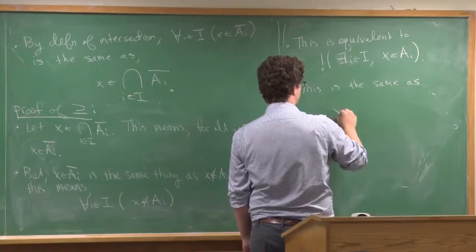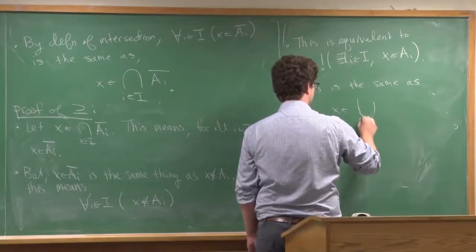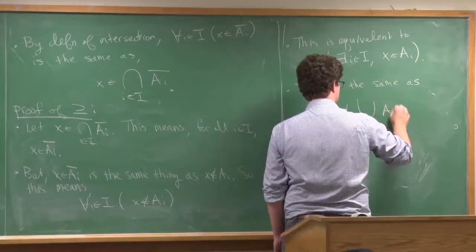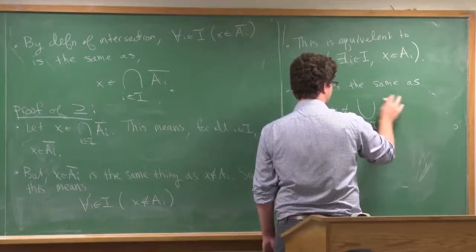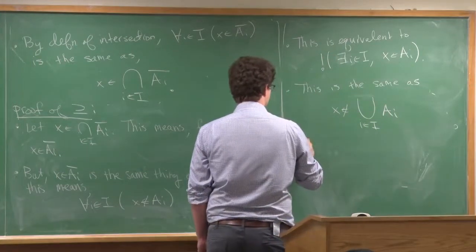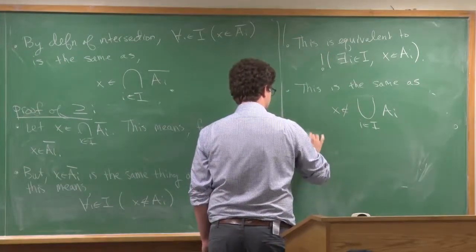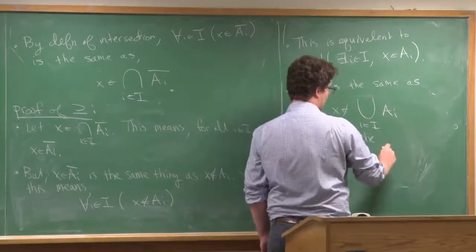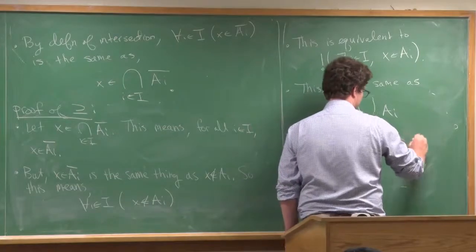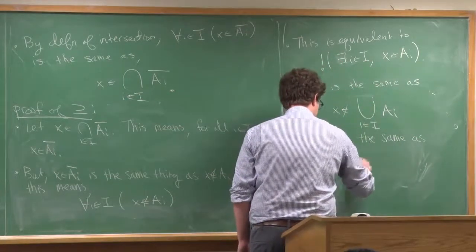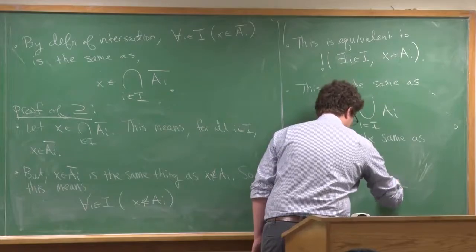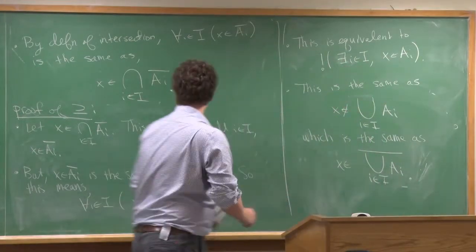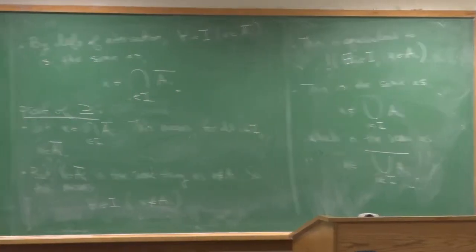So this is saying that x is not an element of the union, which is the same as x being in the complement. Like so. Okay, so we proved this one, and we proved this one.